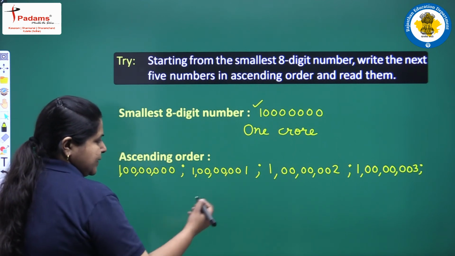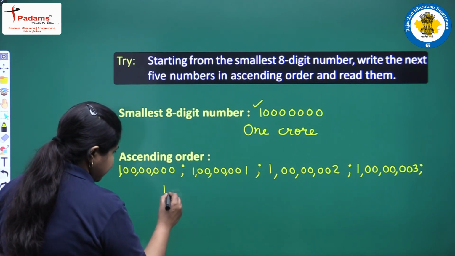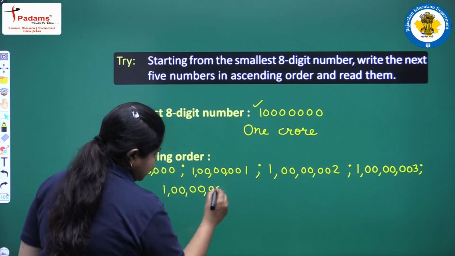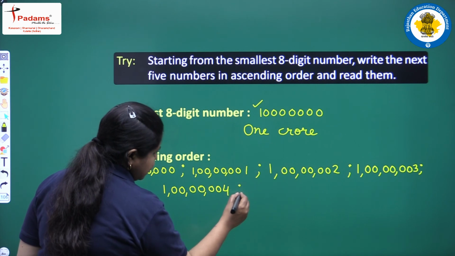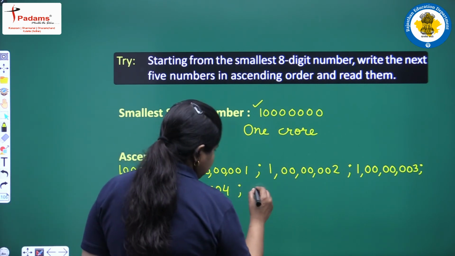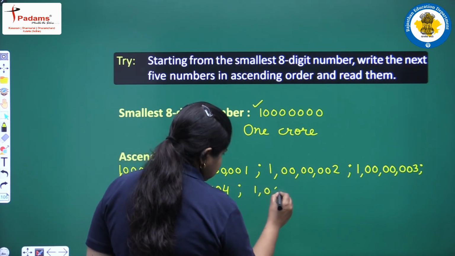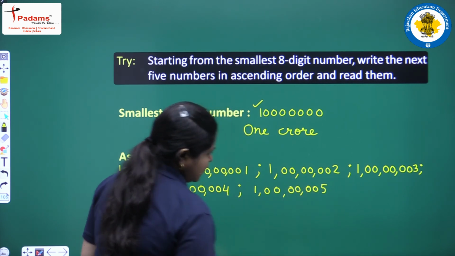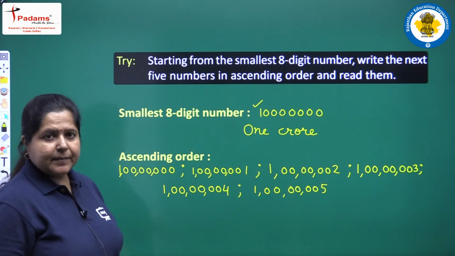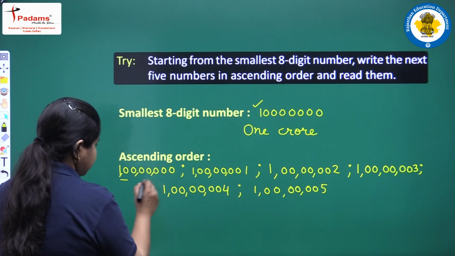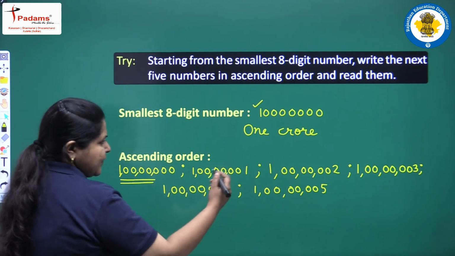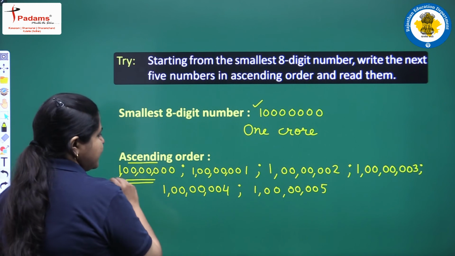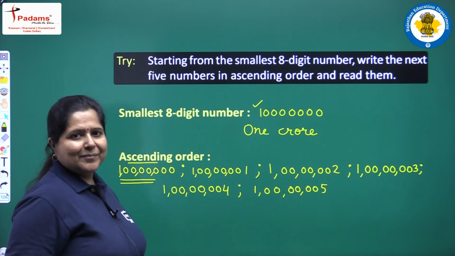Keep on adding 1, we will get the next, and then the next one. These are the 5 numbers starting from the smallest 8-digit number, the next 5 numbers in ascending order. Ascending order means from smallest to the greatest number.